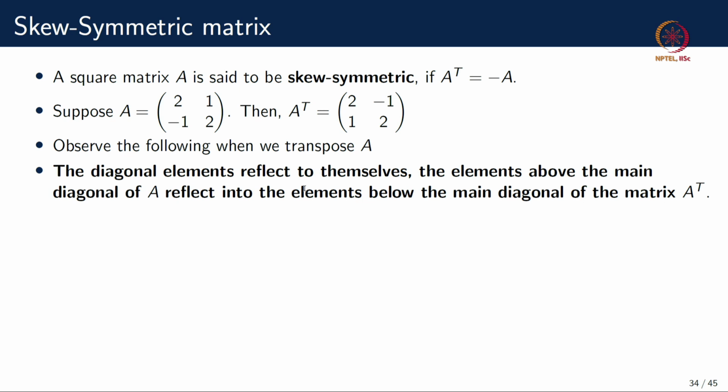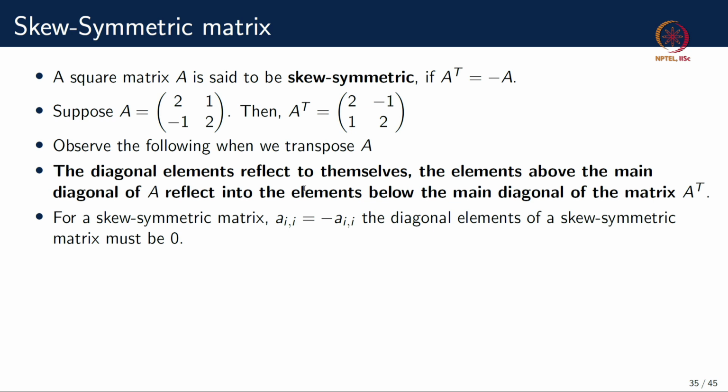This means for a skew matrix a_ii is equal to minus a_ii, which means the diagonal elements of a skew matrix must be 0. Example, A is equal to [0 2; -2 0] is a skew symmetric matrix.